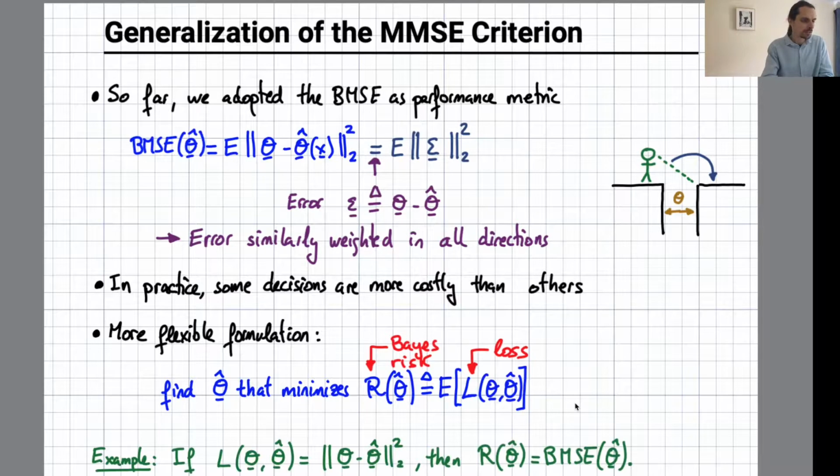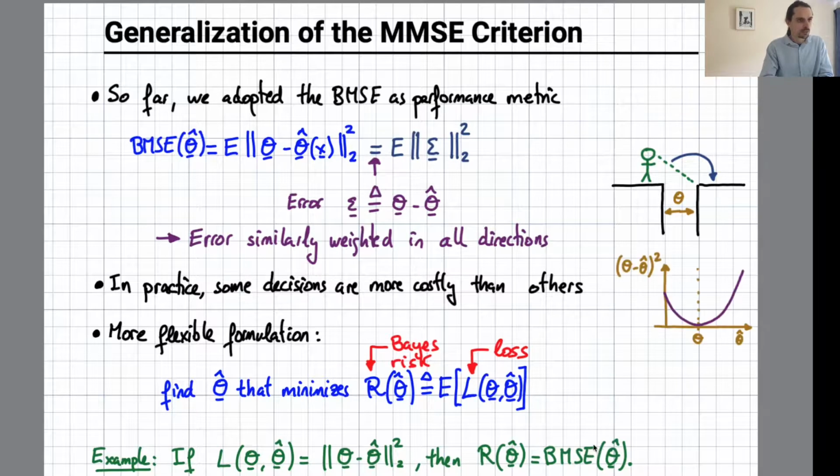So this obviously generalizes the BMSE, right? If we set this loss to be this square distance, this would be the so-called quadratic loss or square loss. Then obviously this right-hand side coincides with this term over here, and therefore the Bayes risk equals the BMSE.